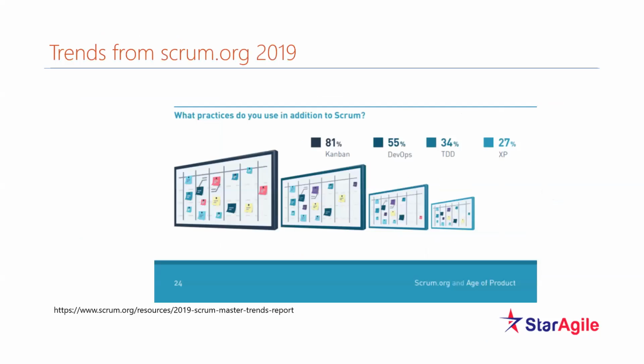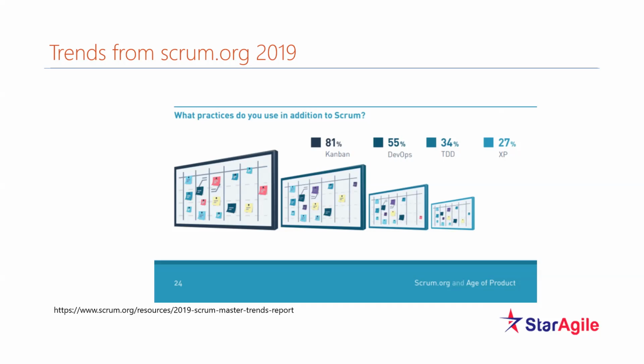That's why Kanban. Now, looking at certain trends, this trend is from scrum.org itself, and a URL is provided here. What practices do people use in addition to Scrum? 81% say Kanban, 55% DevOps, 34% TDD and XP.